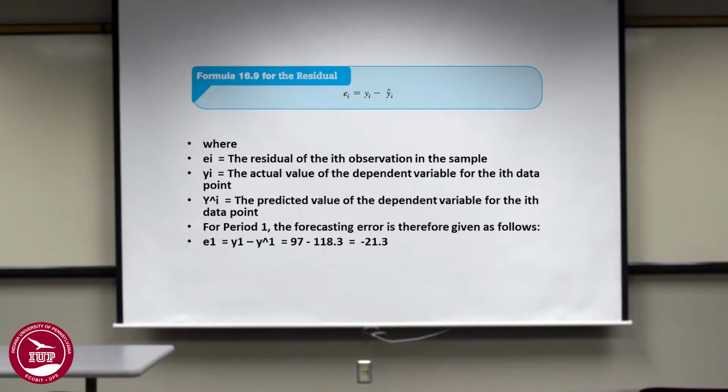For period 1, the forecasting error is therefore given as follows: e1 equals y1 minus ŷ1, equals 97 minus 118.3, equals minus 21.3.